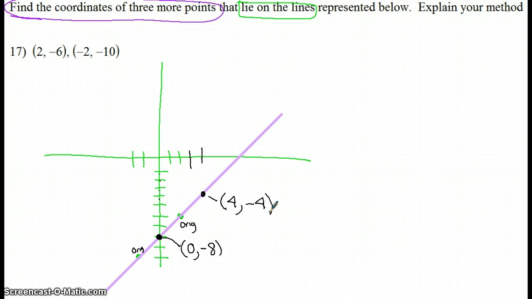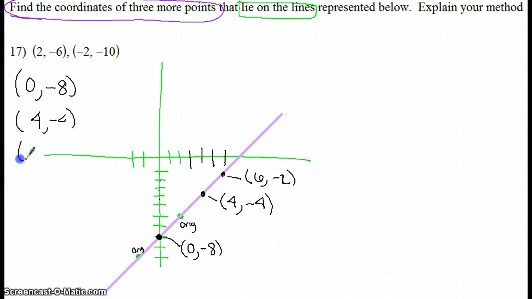And I need one more point. This point is 6 on the x, -2 on the y. Those would be my 3 additional points that I can write out right here: 0, -8, 4, -4, and 6, -2. Again, you should be doing this on graph paper.